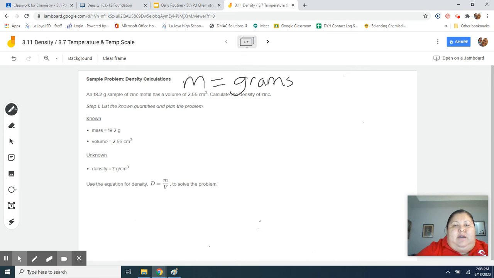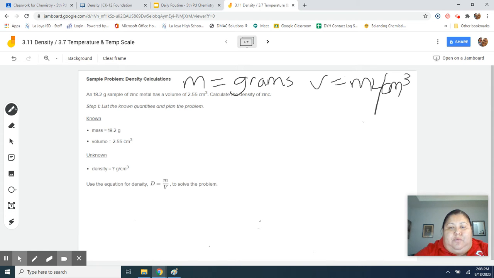Now for volume, remember, volume had 2 units: milliliters and cubic centimeters. That's just something to keep in mind. In case you are confused, always look at the unit and it will help you determine whether it's mass, volume, or density. I hope I got that clear to you.